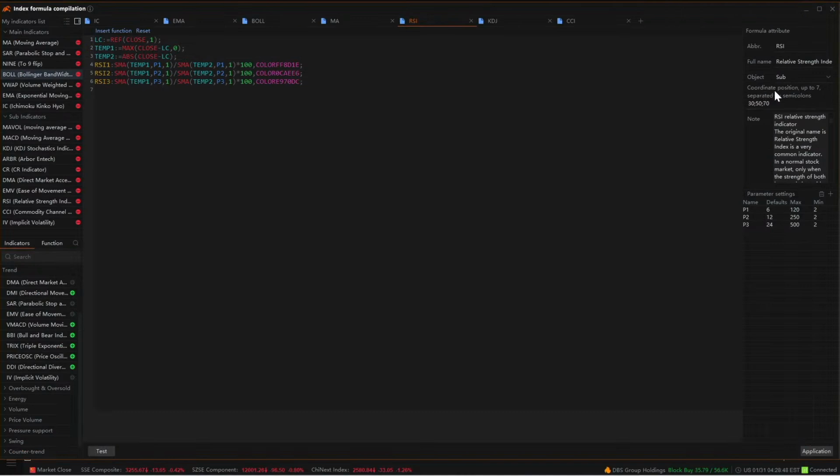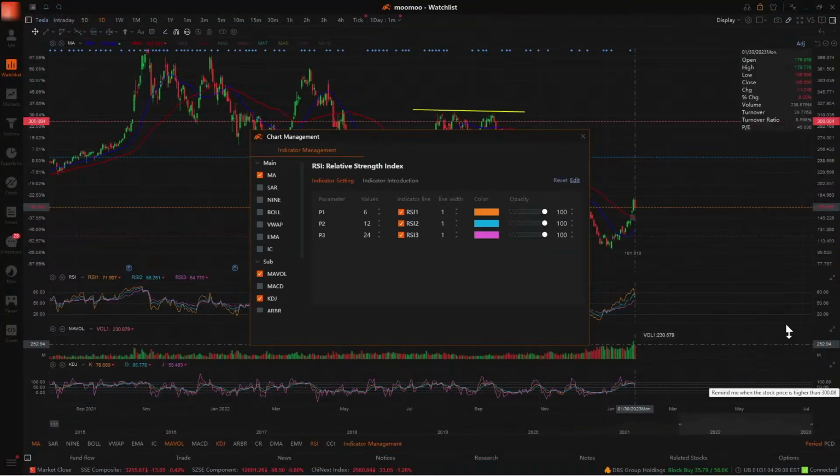You can see the coordinate positions, up to 7, separated by semicolons. This is how you can set the lines on the RSI indicator. Let's say I want to have it at 80, and usually people will go for 20, and then click apply. Script test pass. Right now you'll be seeing the scale change to 80.